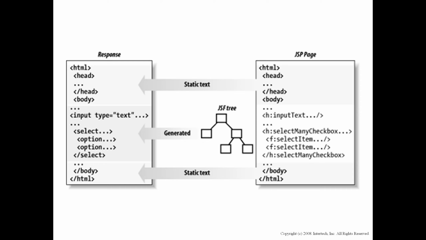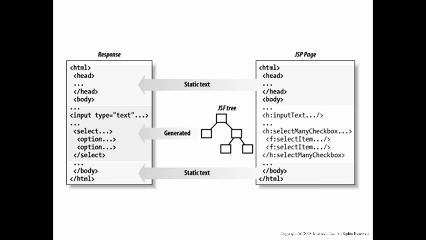If it is in fact JSF, then it gets interpreted, and based upon the contents of the tree and the current values, the JSF manager parses that and generates pure HTML plus CSS plus JavaScript. And then at the bottom you can see there's also basic static content in the sense that it doesn't need to be interpreted, it's already HTML.